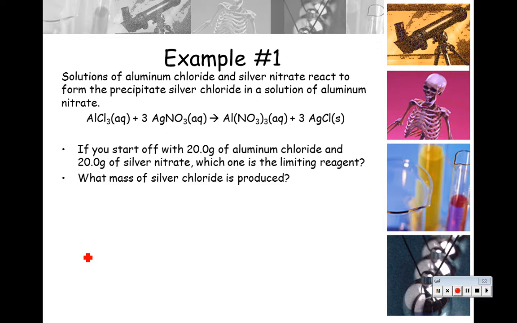Okay, so this is when we have to make two separate predictions. First, I'm going to write 20 grams of aluminum chloride and 20 grams of silver nitrate. These are my two starting reactants. I'm going to pick one product and predict how much of it I'm going to form.